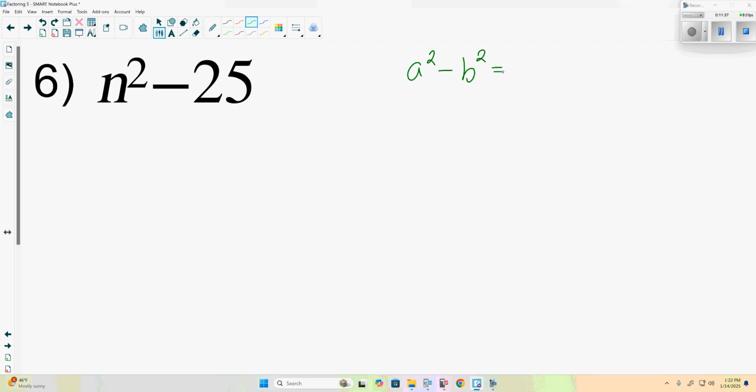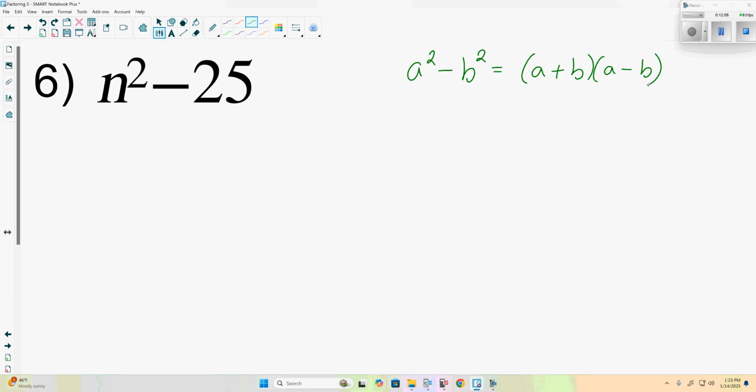Our formula says if we have a squared minus b squared, it factors to a plus b times a minus b, where a and b are our terms: what multiplied by itself gives us n squared, and what multiplied by itself gives us 25.